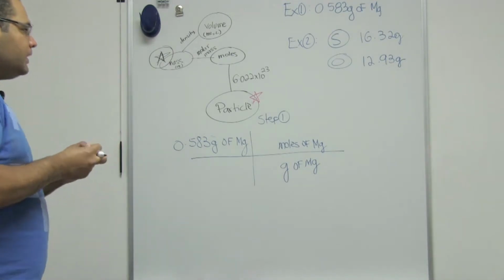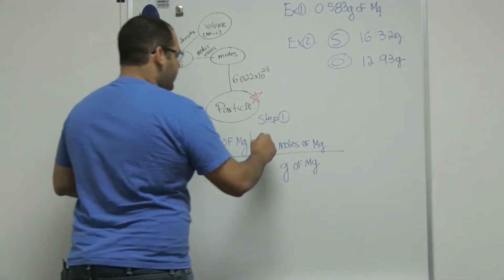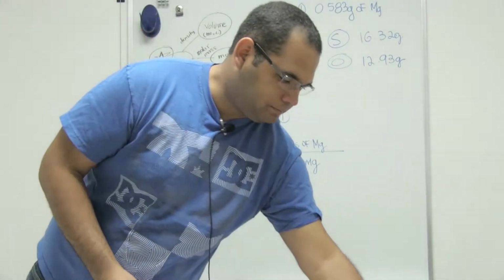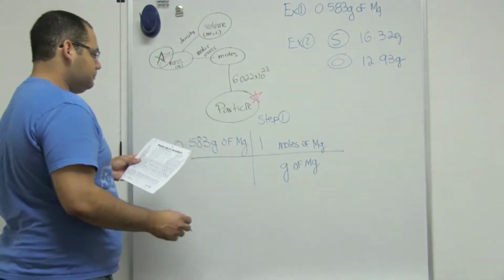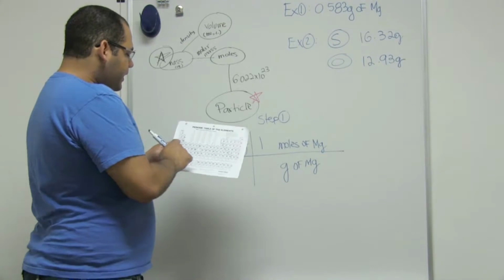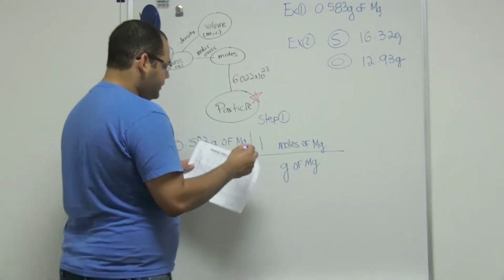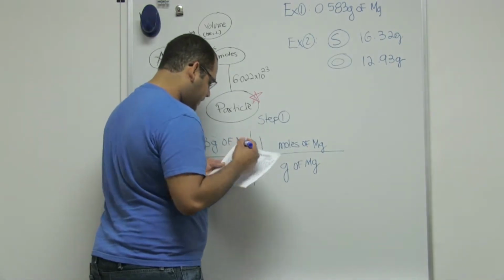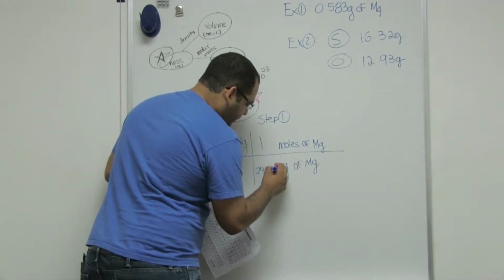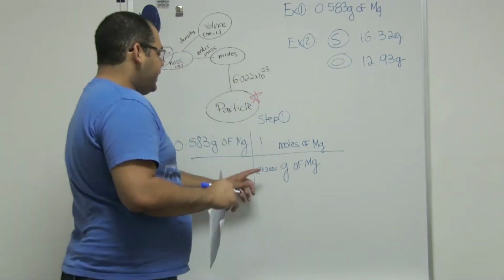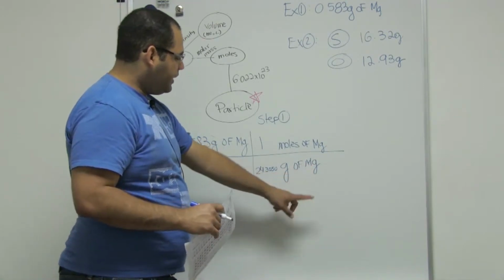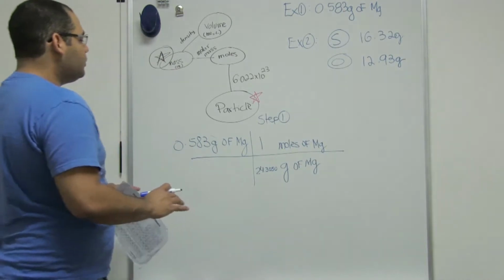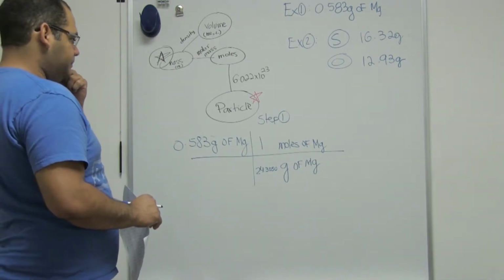Now, I know that 1 mole has how many grams of Mg, magnesium. I look at my periodic table, and I know that 24.3050 grams of Mg is equivalent to 1 mole of Mg. It's just the molar mass, straightforward.